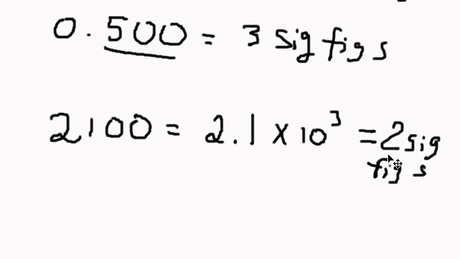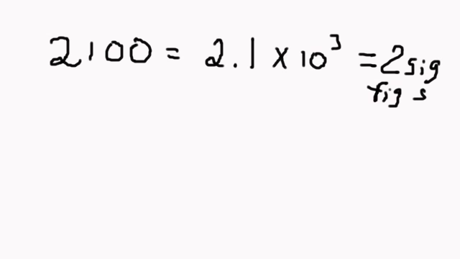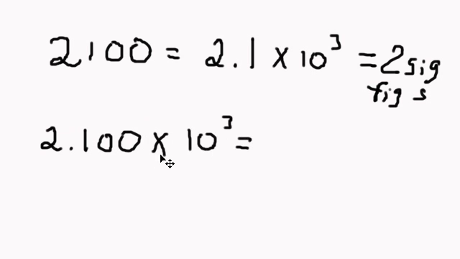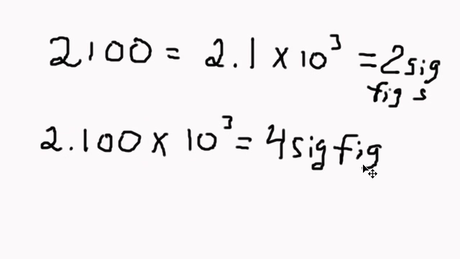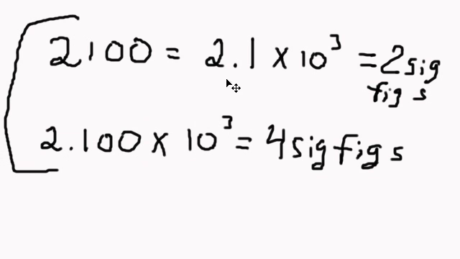But if you write the number like this, 2.100 times 10 to the 3, then the number actually has 4 sig figs. So this one is ambiguous. You gotta be careful with this one because you can put the decimal in the same place, but this one has zeros here in the back and this one doesn't. So stay tuned for the next videos, and I hope this helped.